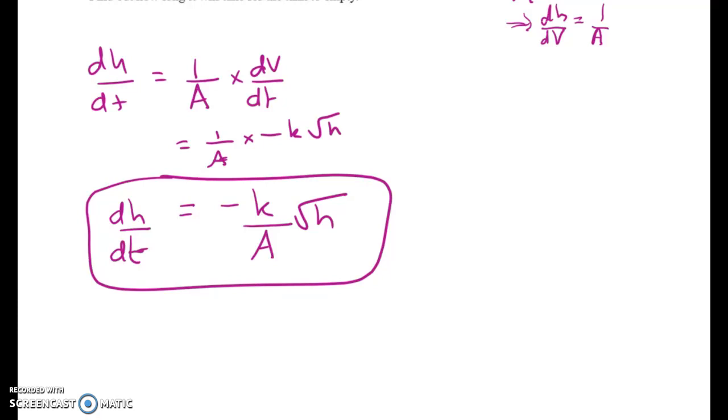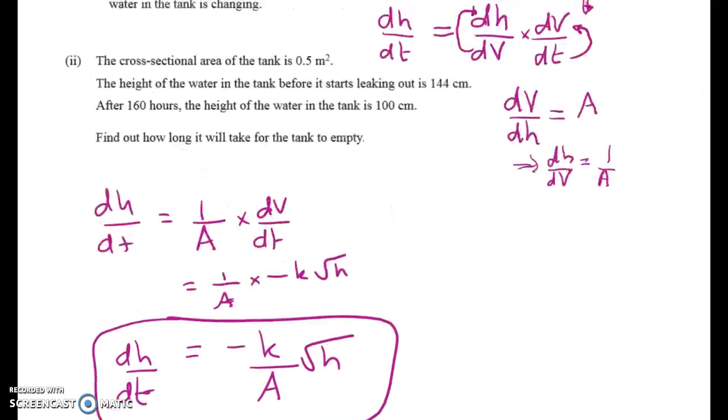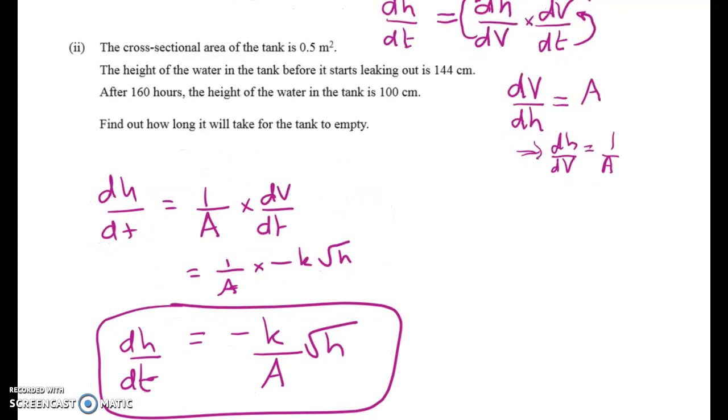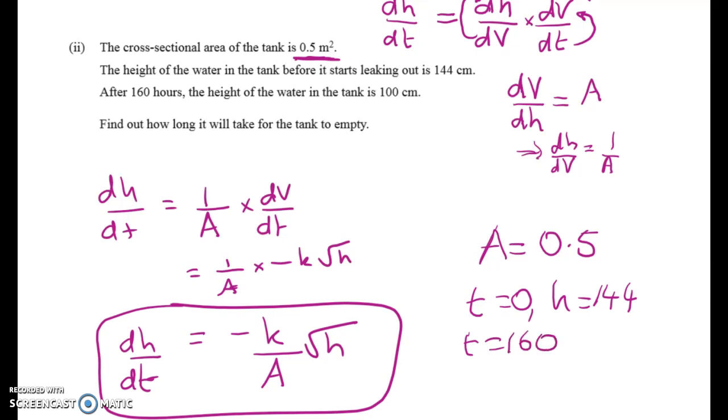Now the next part is a pretty traditional figure out how long it takes until something happens. We're given the cross-sectional area of the tank is 0.5 meters squared. So A is equal to 0.5. And we're told that when t equals 0, H is 144. When t is 160, H is equal to 100.